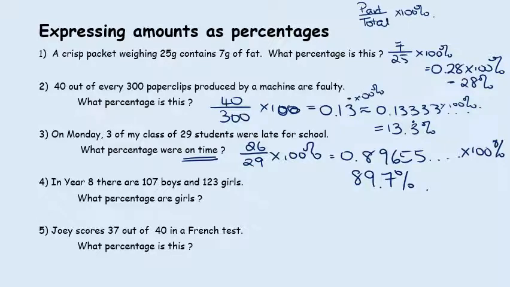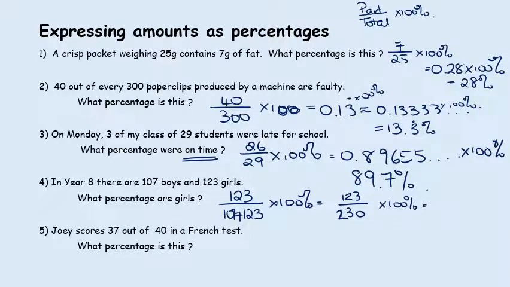In year 8, there are 107 boys and 103 girls. What percentage are girls? So it's 123 girls out of a total class of 107 plus 123. So you need to know what the total is first. So 123 over 230 times 100%.